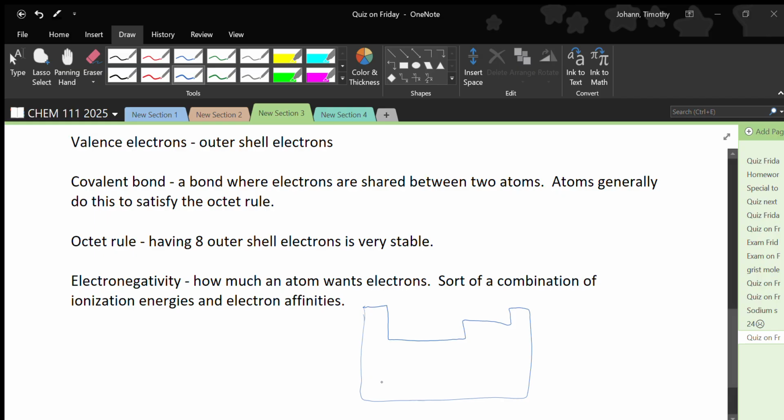And this is going to be important for when we talk about who's going to share. We're going to share electrons, but sometimes we're going to have to decide which atoms have to share more, and which atoms have to share less. If an atom wants an electron, it wants to hold on to it itself. It's like a bunch of toddlers in the room, and the toddler is not sharing its toys.